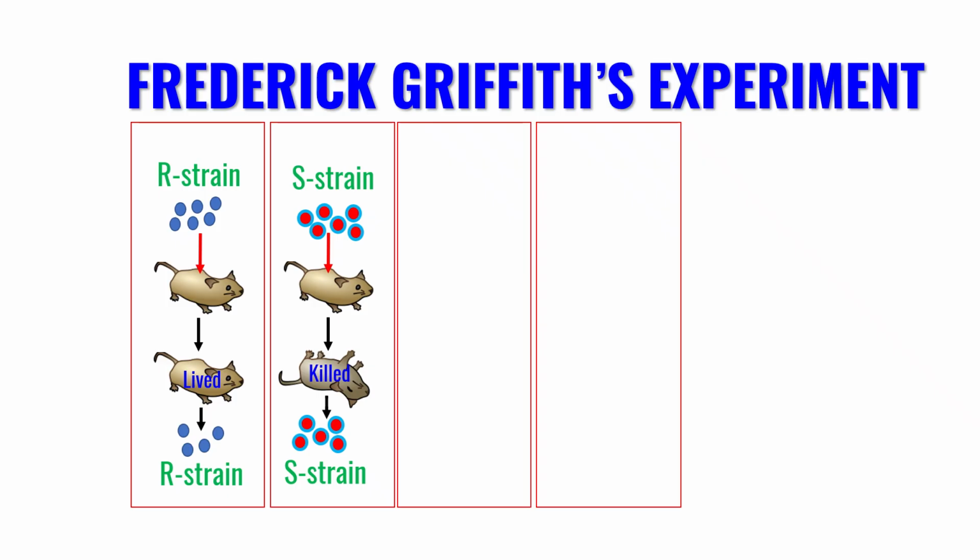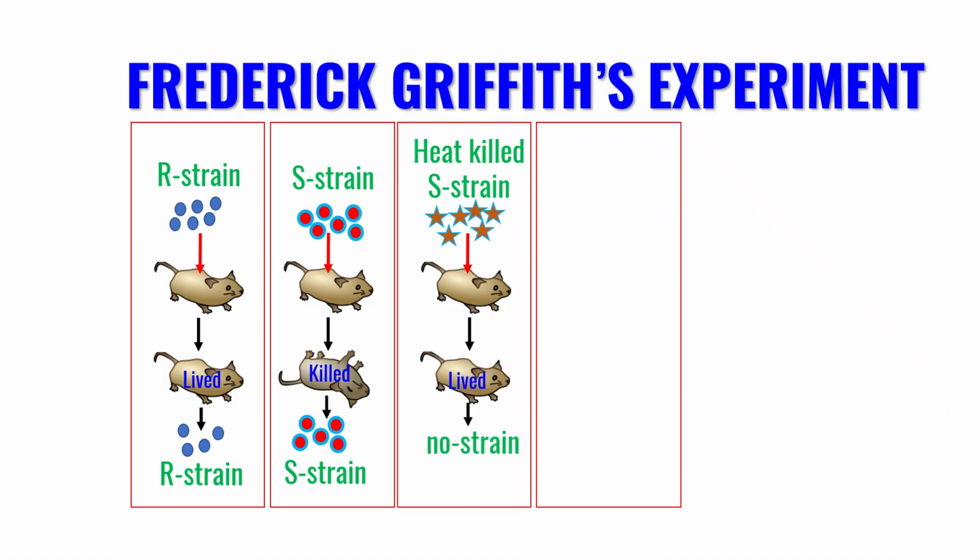In experiment number 3, he heat killed the S strain before injecting into mouse, and the result was mouse was alive and he was not able to isolate any S strain from live animal in this experiment.